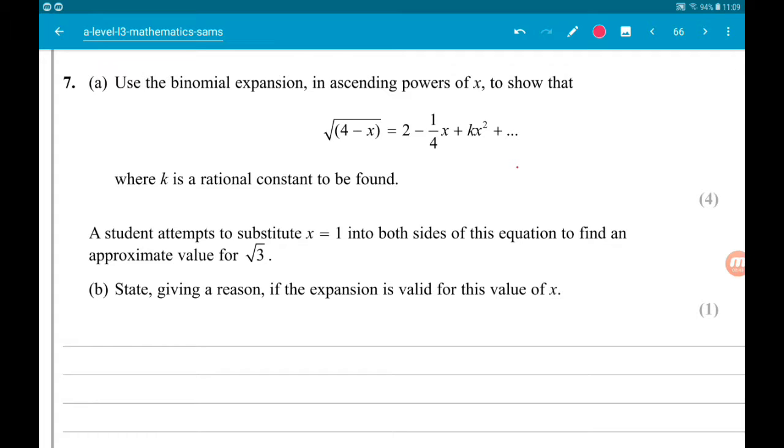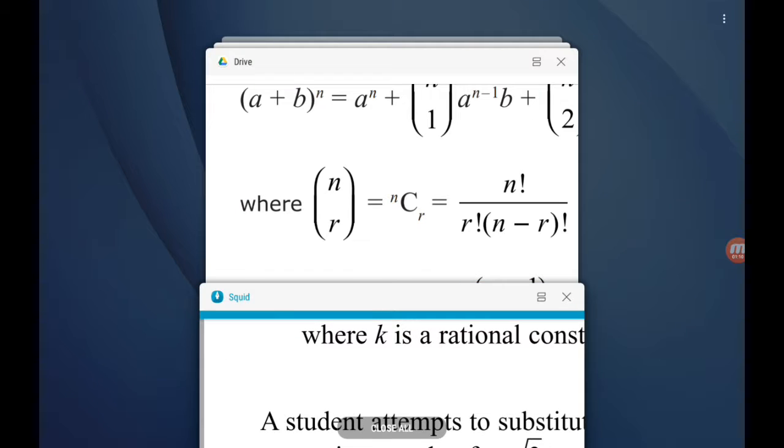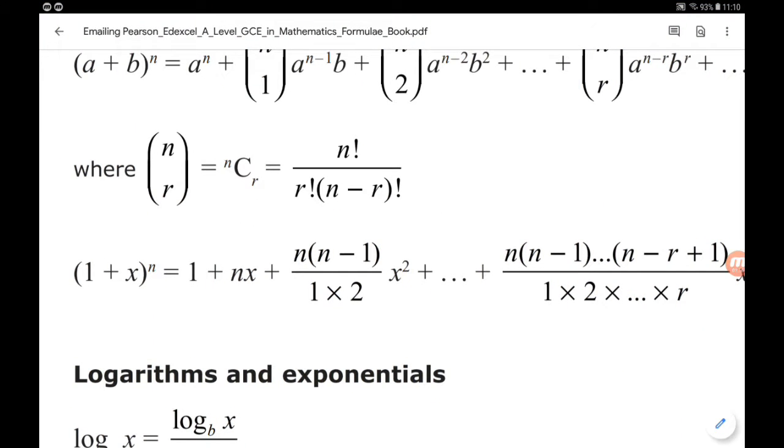First of all, we need to turn the square root into a power. So, we have 4 minus x to the power 1/2. Now, for negative and fractional powers, we use this guy down the bottom, 1 add x to the power of n. Now the problem we have at the moment is that we don't have a 1.